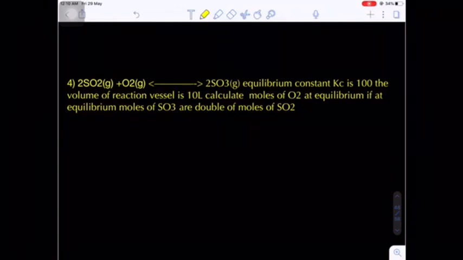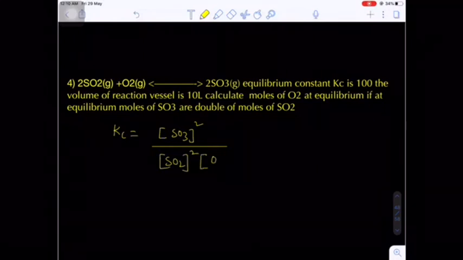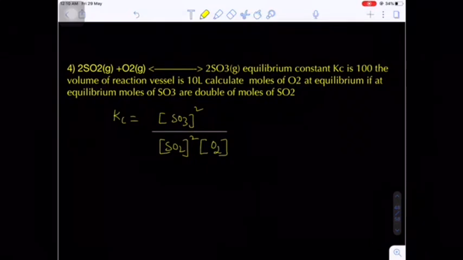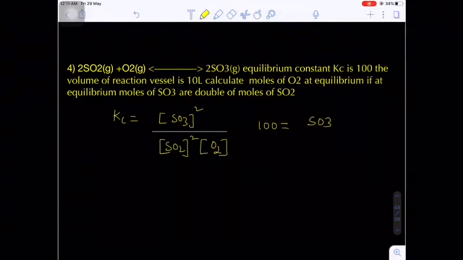So I am writing directly, Kc is equal to concentration of SO3 whole square, whole divided by concentration of SO2 whole square multiplied by concentration of O2. Now what is the Kc value given to you? 100 is equal to the concentration of SO3. But the condition is the volume of the container.